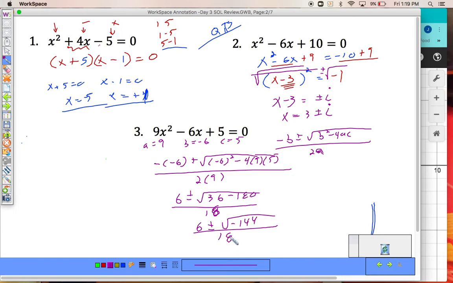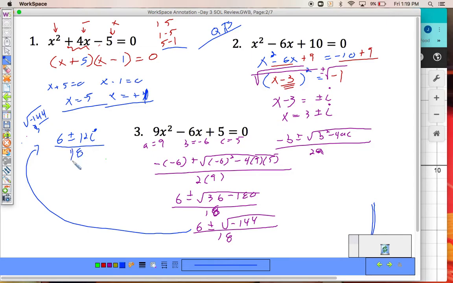And this is going to work out pretty. I'm going to move it over here so I don't have to write at the bottom of the page. 6 plus or minus the square root of negative 144 is going to be an i because of the square root of negative 1, and the square root of 144 is 12. Square root of negative 144 is 12i, so I get 6 plus or minus 12i over 18.